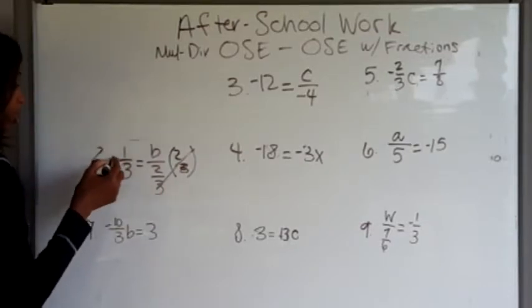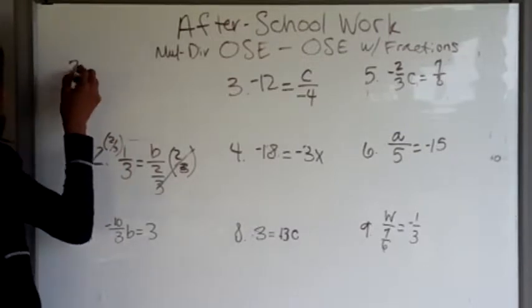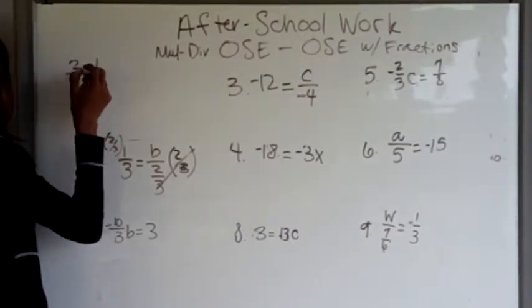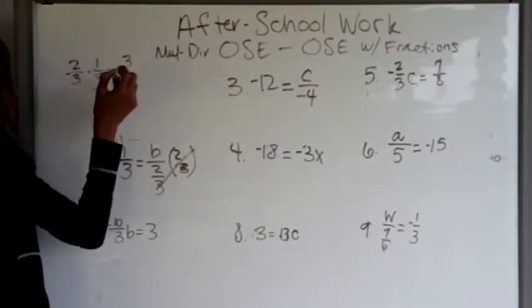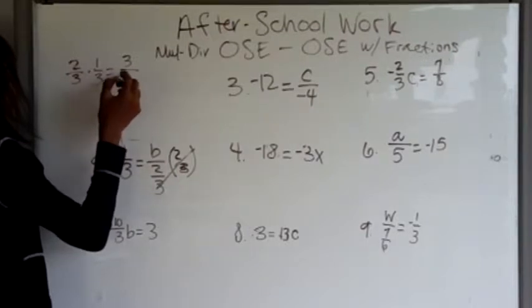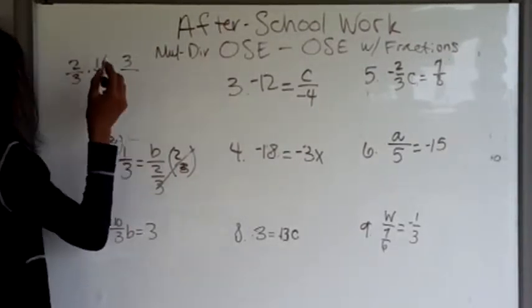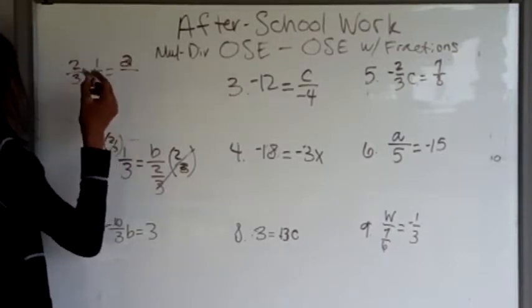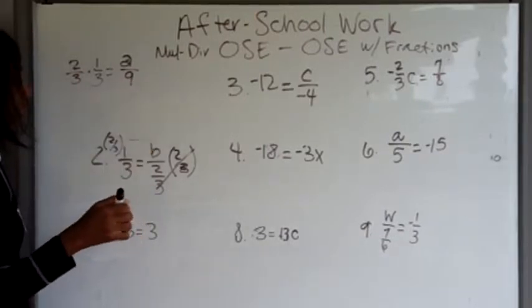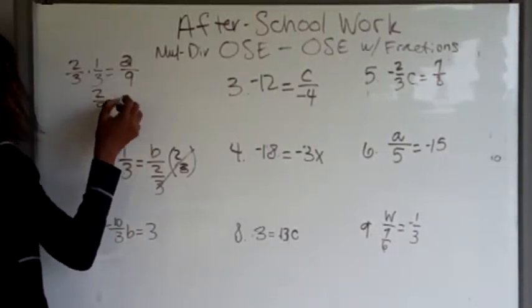And then we'll multiply by 2/3 on this side. So we have 2/3 times 1/3, which is equal to 2 over 9. So 2 over 9 is equal to b.